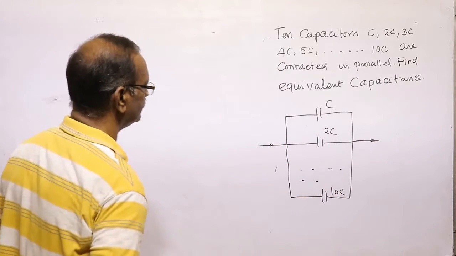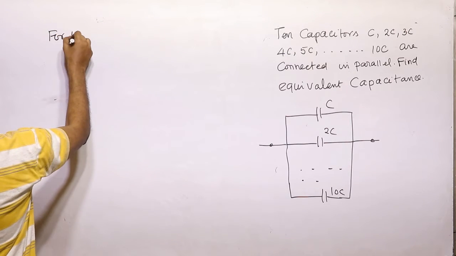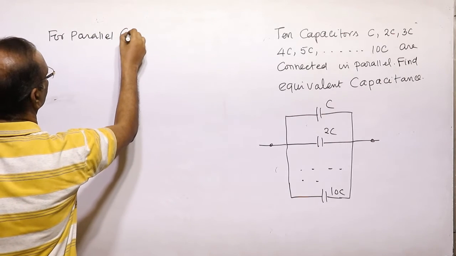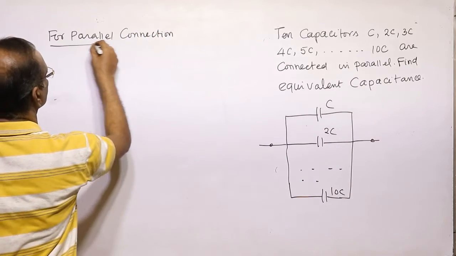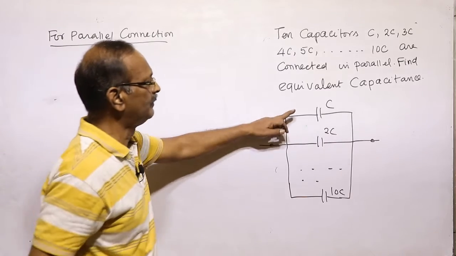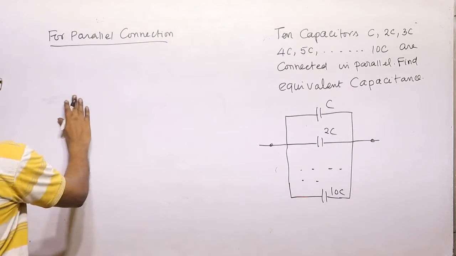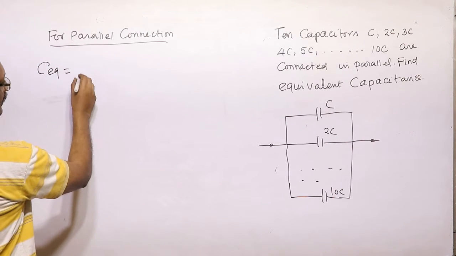Find the equivalent capacitance. For this parallel connection, these are not identical capacitors, they are C, 2C and so on, so we cannot use the formula N into C. So for C equivalent, we have to add all these.